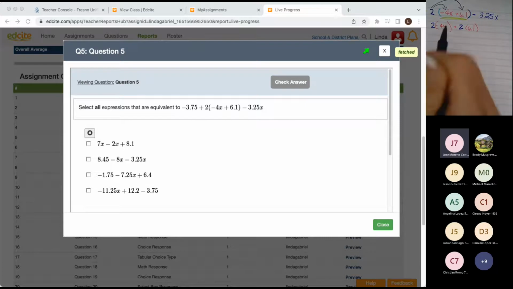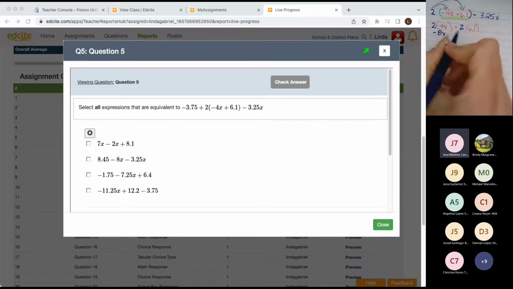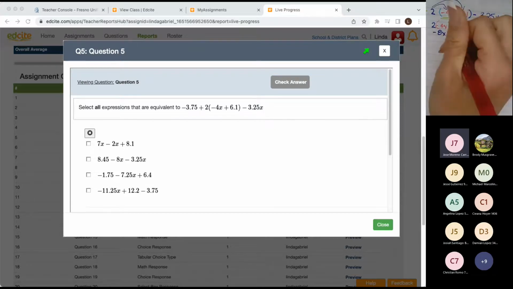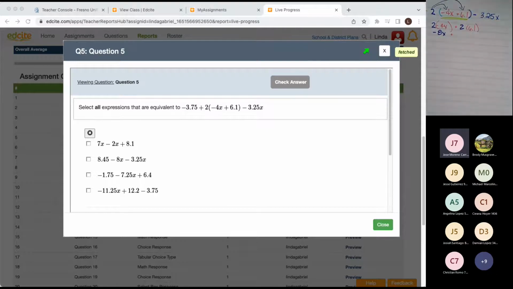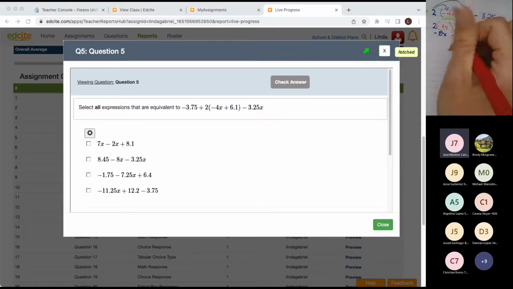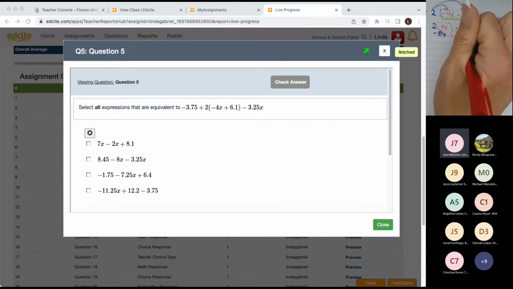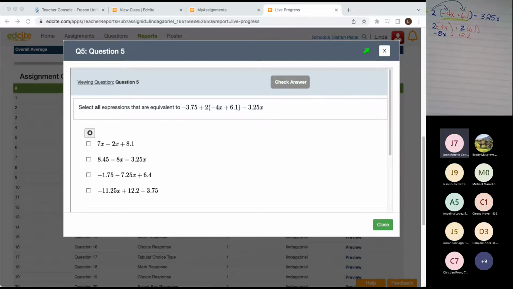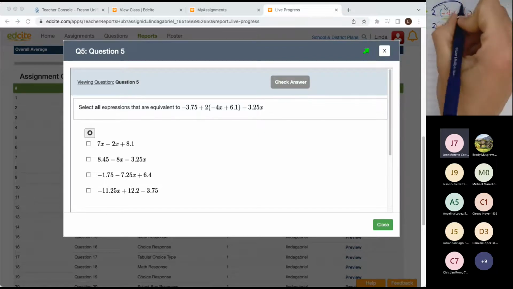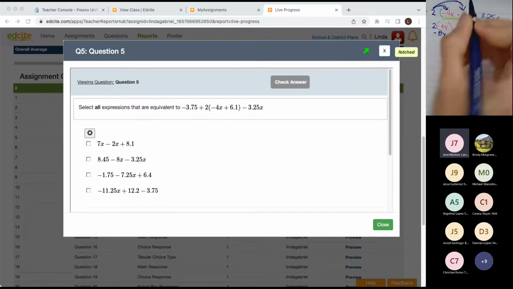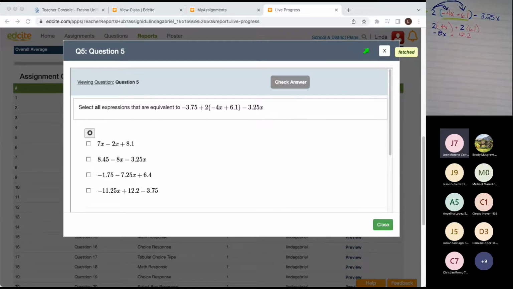So 2 times negative 4x is negative 8x, plus 2 times 6.1, that's going to give me 12.2.